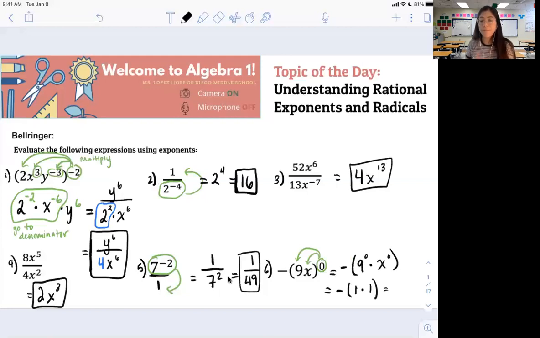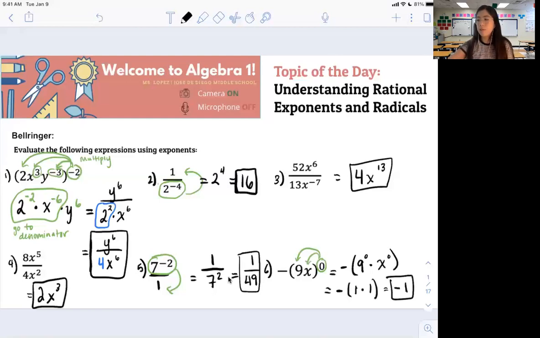Wait, it counts the variables too? Oh yeah, anything. Remember what I said, no matter what x is, no matter what y is, z, q, r, whatever, if it's going to the power of 0, it's automatically 1. So 1 times 1 is 1, but I have a negative sign on the outside. So my final answer is negative 1.